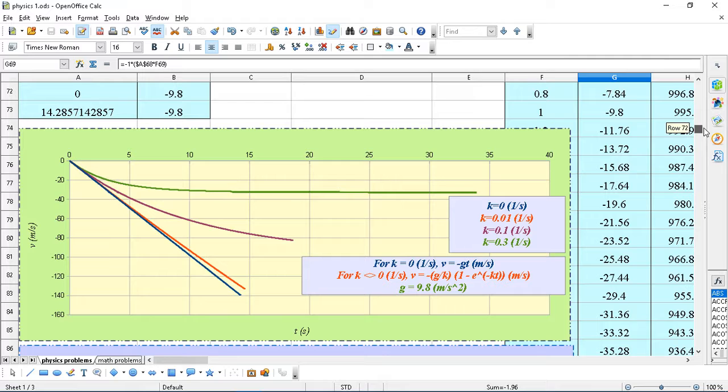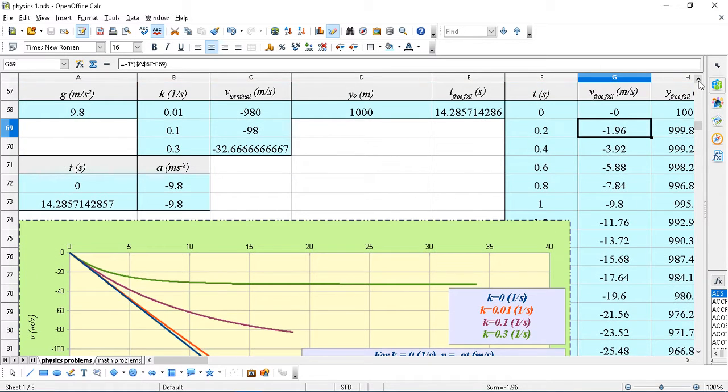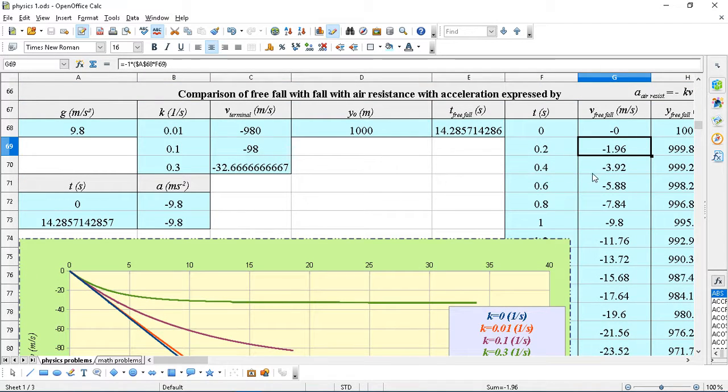And for the velocity, we know that the formula for the velocity should be, remembering that the value of v0, the initial velocity, is 0 meters per second because the body was let go from rest.